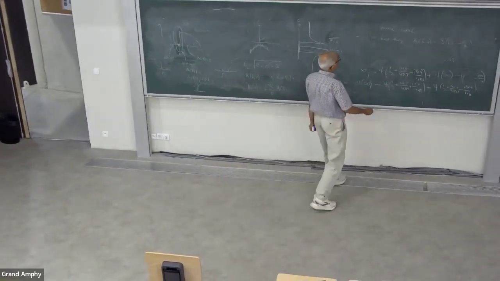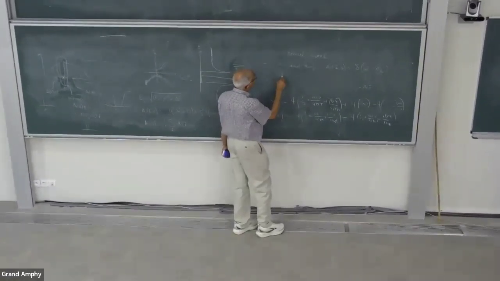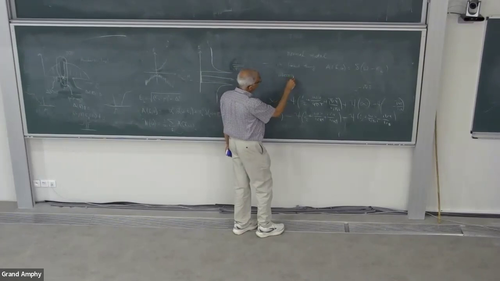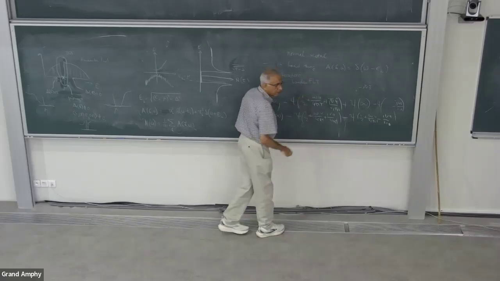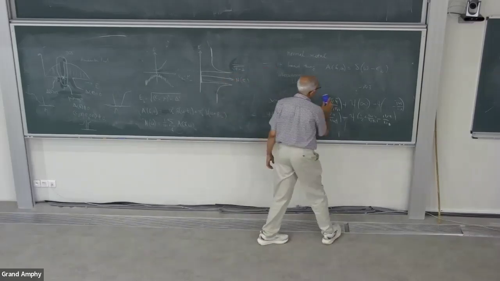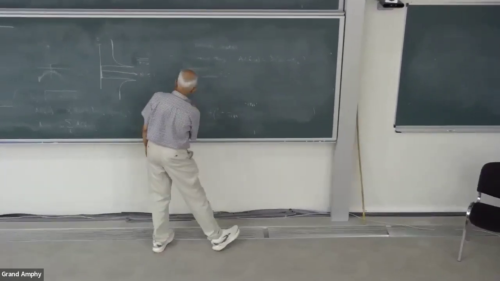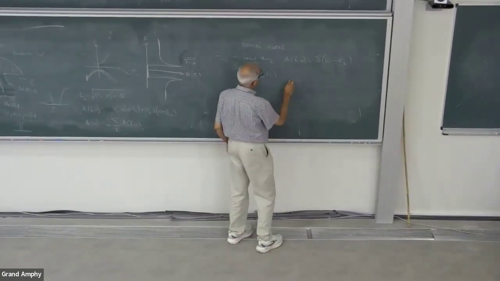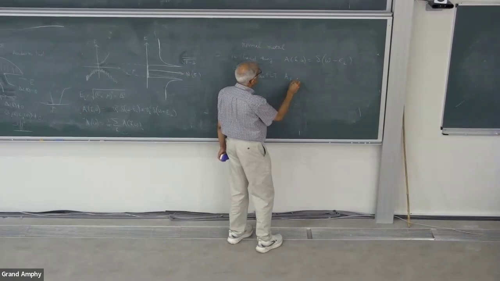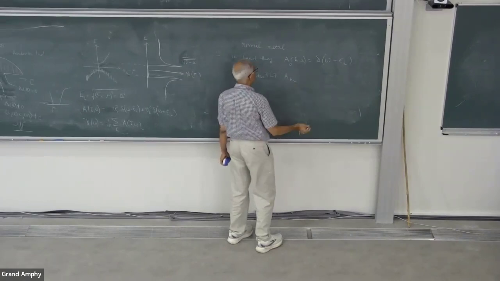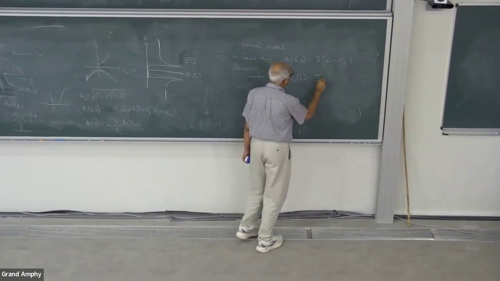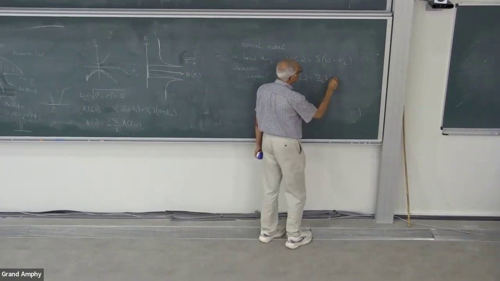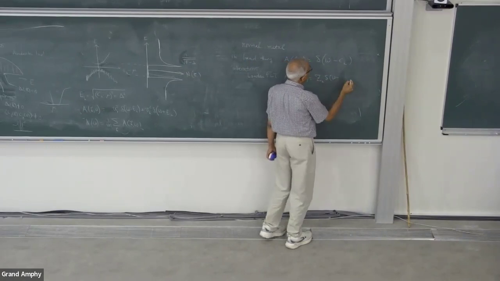Okay, but now what if you include interactions? If you include interactions, we know how to do that within Landau Fermi liquid theory. And then this object is the following. This is non-interacting, that's where we can put a zero.